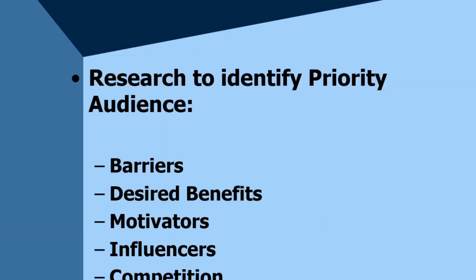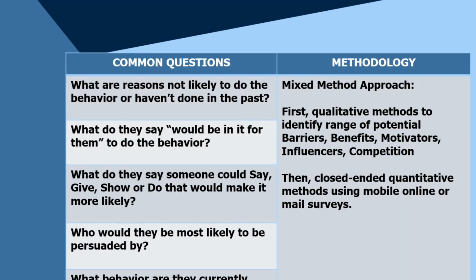For step number 5, audience insights. Research is there to identify for our priority audience their barriers, desired benefits, motivators, influencers, and competition. We need research to help identify these. Several questions are common to determine these insights. For barriers, it's what are reasons you're not likely to do this behavior or haven't done it in the past.